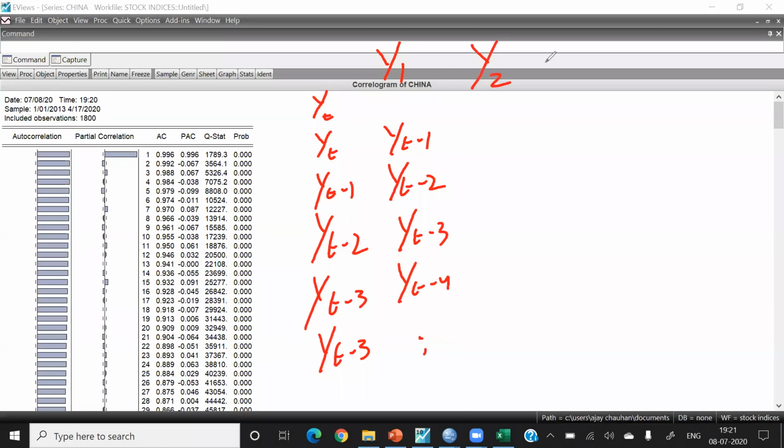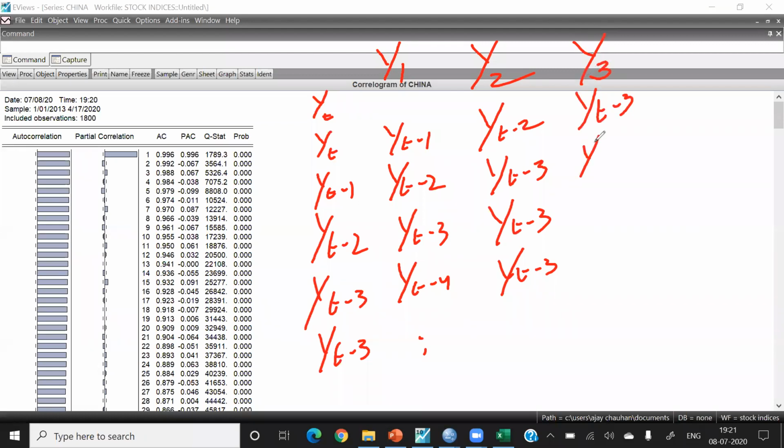Now this is the Y at lag 2. So it starts from Y at lag 2. This is the series Y at lag 2. Similarly, if I write Y at lag 3, all these series are coming from the same series, Yt minus 6.